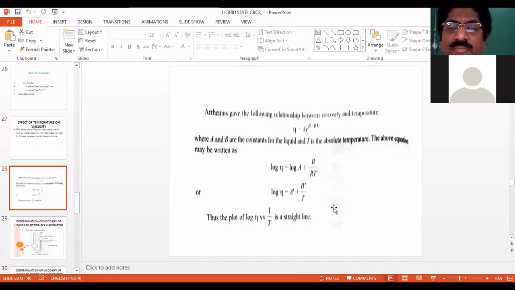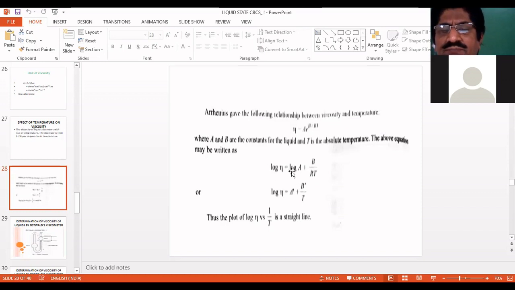If you plot a graph of log eta versus 1 by T, you get a straight line. By using that, you are in a position to calculate the constant A as well as the constant B, because R is constant, that is the gas constant.